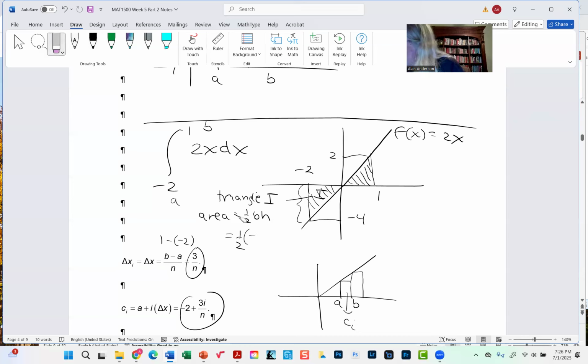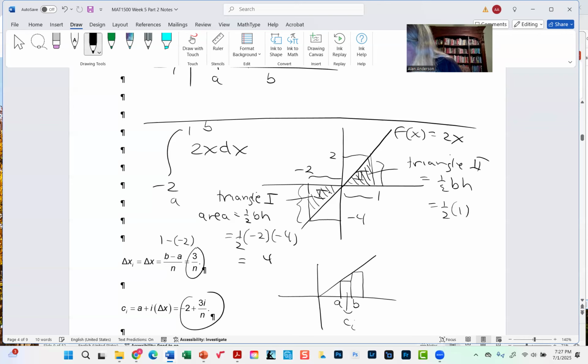The base is -2. This is the base. The height is -4. And then up here, triangle 2, let's call it. Base is 1. The height is 2.